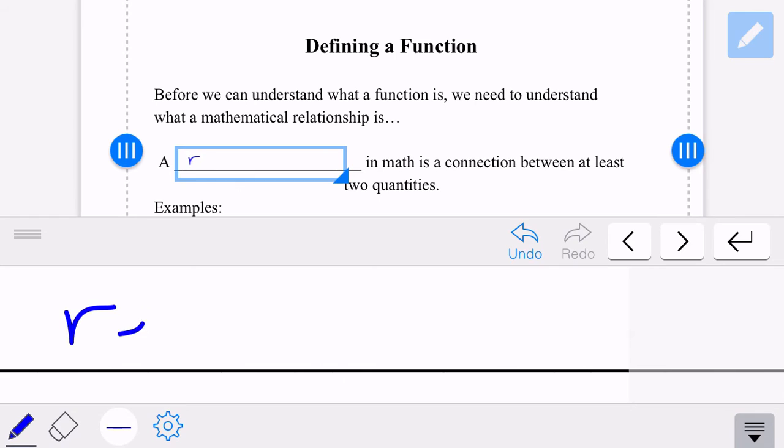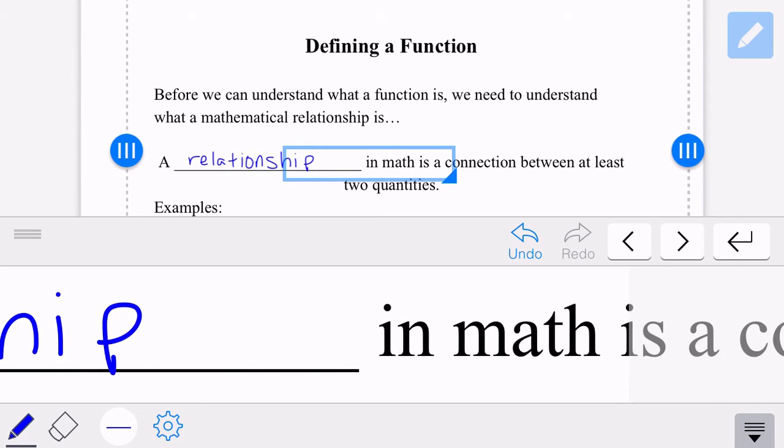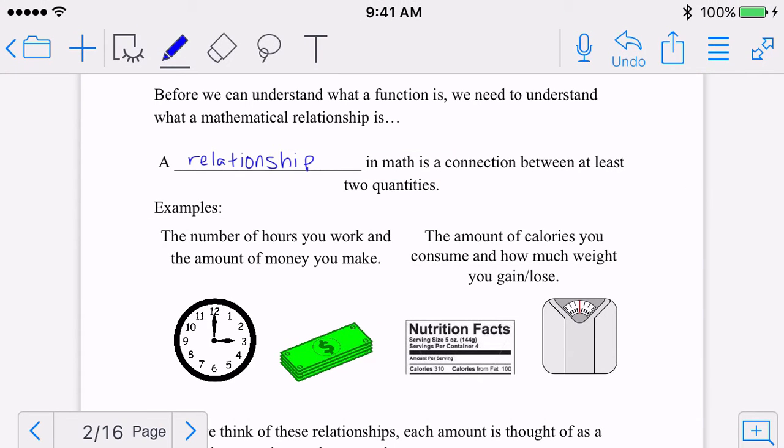A relationship in math is a connection between at least two quantities. Sometimes there will be more than two quantities, but mostly what we're going to focus on is just two quantities and the connections between those.